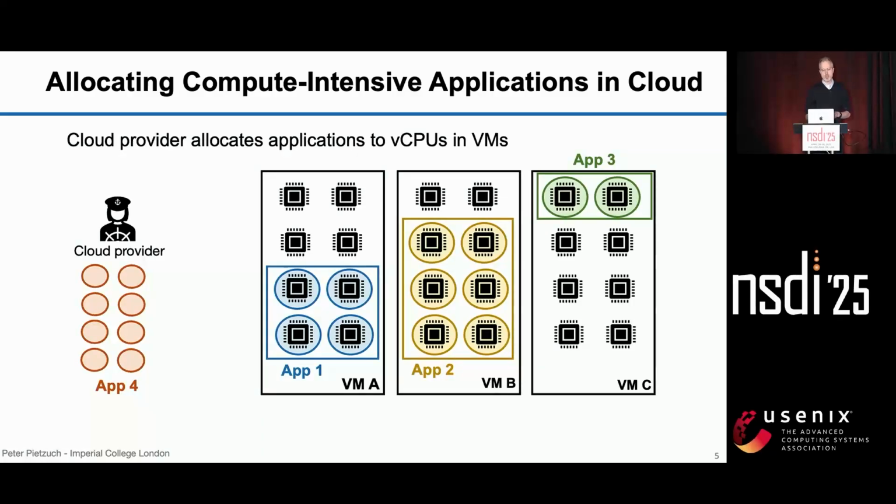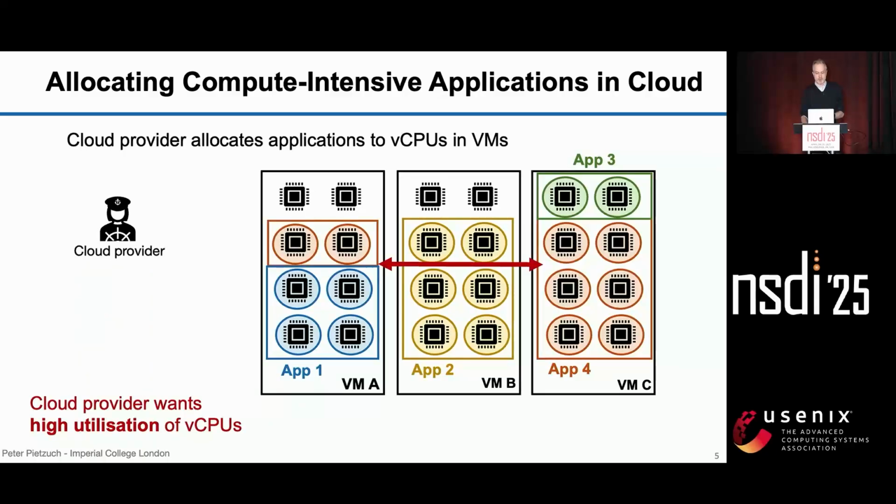If now a further application comes along with a compute demand of 8 vCPUs, well, we can't support this on a single VM. So what if this application happens to be a multi-process application? What the provider can do is split it up across multiple VMs.